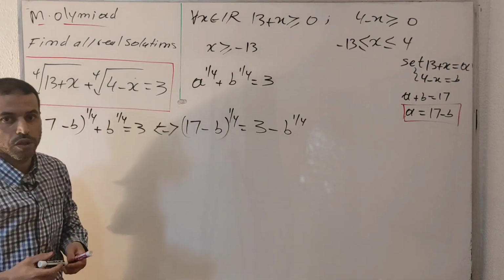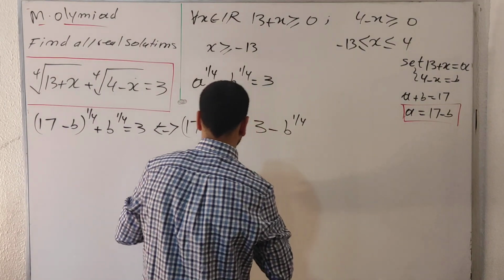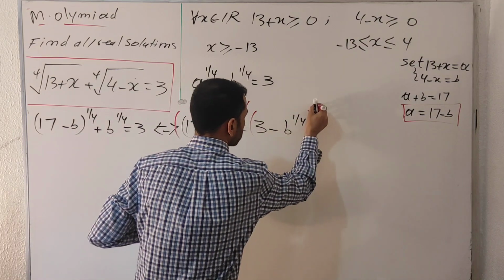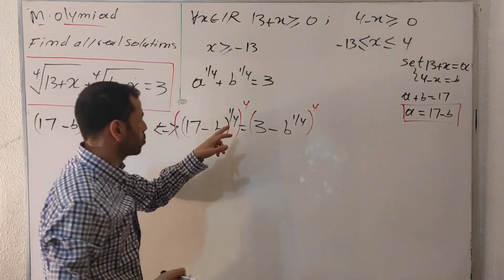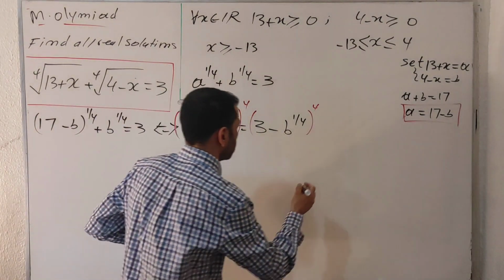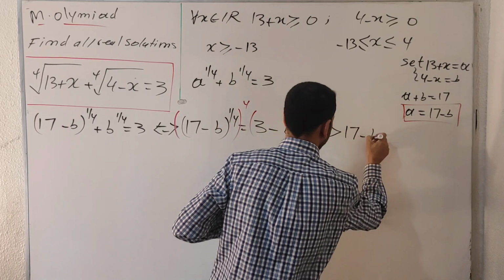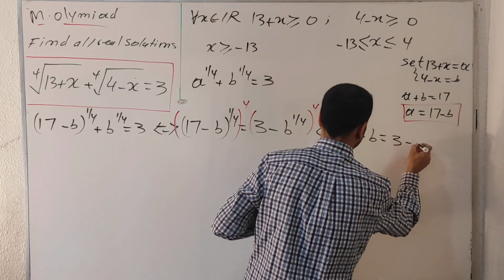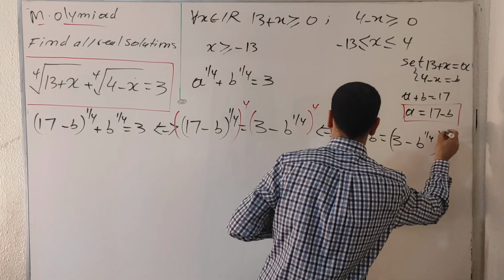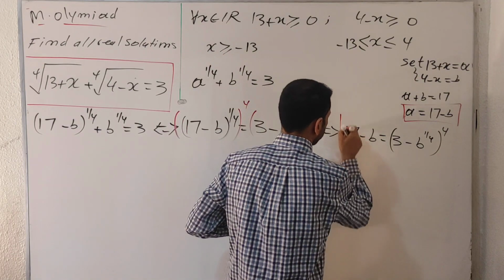Then I'm going to raise both sides to the power of 4. So the 1 over 4 and the 4th power cancel each other. I will be left with 17 minus b equals 3 minus b to the 1 over 4, to the 4th power. Okay, so I have this expression now.